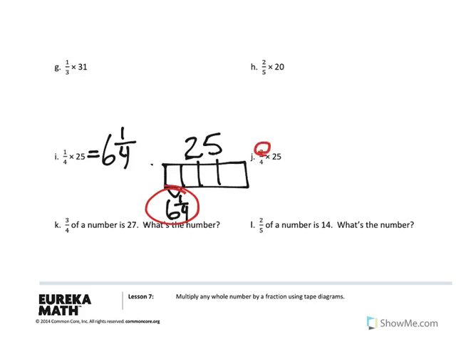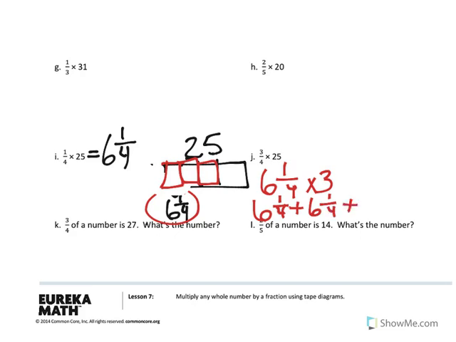But now if I look at my numerator, it's asking me for 3 of them, not just 1. 1, 2, 3. So I can do 6 and 1/4 times 3, which might be a little difficult for you. So 6 and 1/4 plus 6 and 1/4 plus 6 and 1/4.